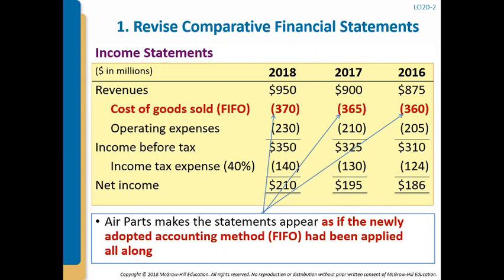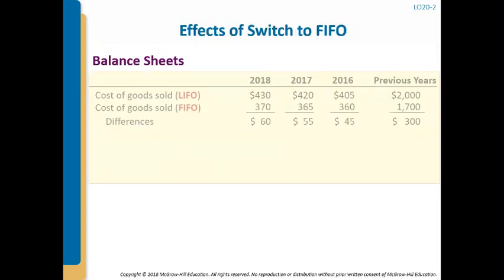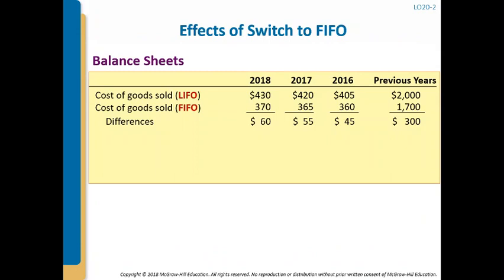On top of that, you're going to have changes in, and I'm not sure what they're showing here. Oh, okay. They're showing balance sheets, but they're saying cost of goods sold.